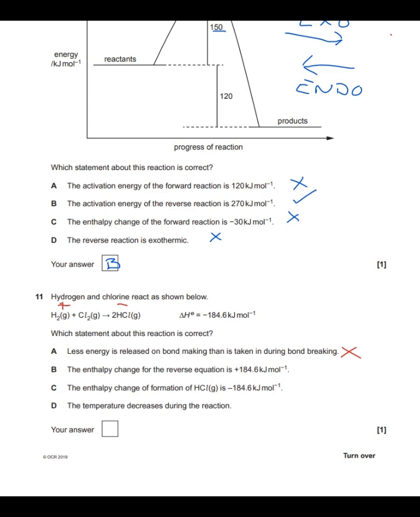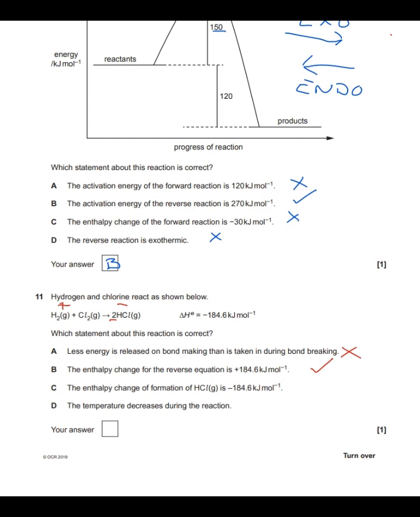Second one, the enthalpy change for the reverse reaction is 184.6. That looks like it's going to be true because the forward direction is -184.6. So the reverse has to be the opposite. The enthalpy change of formation of HCl is -184.6. At first thought that might seem correct, but the clue is we've got the 2 there.